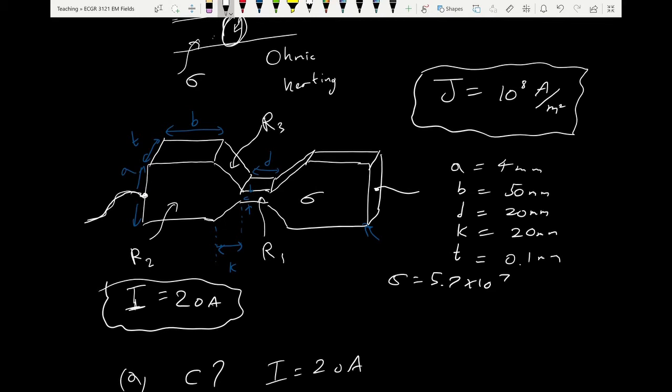R1 and R2 are easy to find because they're regular, they're symmetric. R3 is a trapezoid, so it's slowly tapering off. It starts with a wide base and goes into a smaller top, right? So we have to do some sort of integration. What we can do is find the resistance of a small slice. I can take a slice of that trapezoid and find the resistance of that slice, and then I integrate.